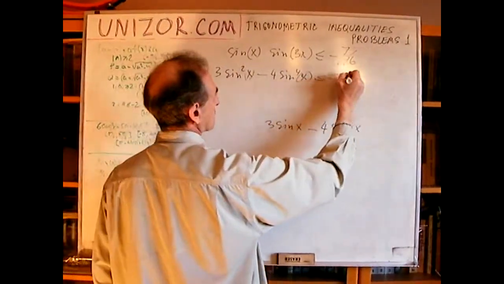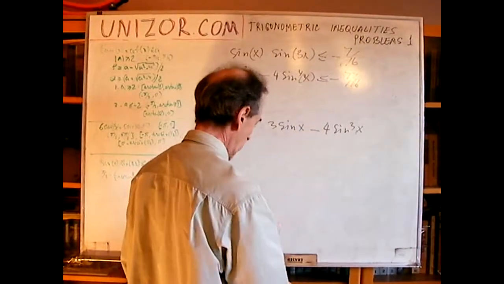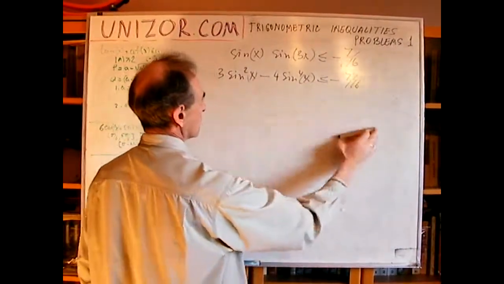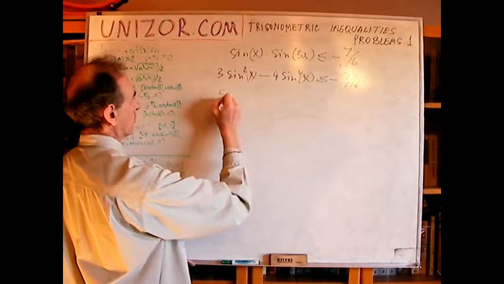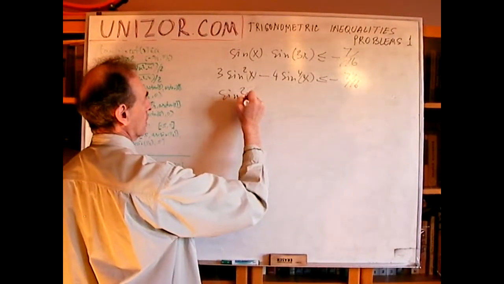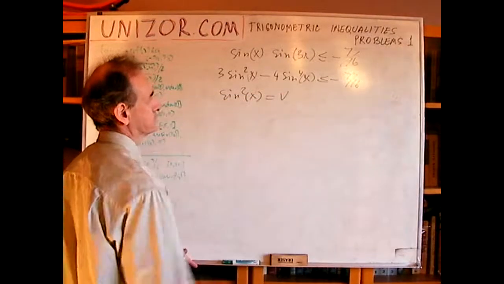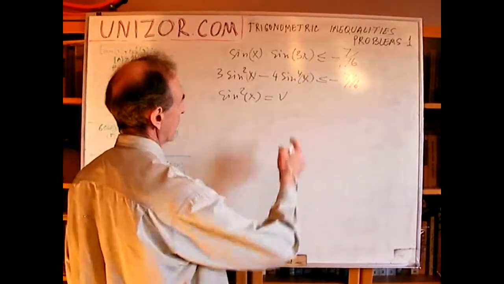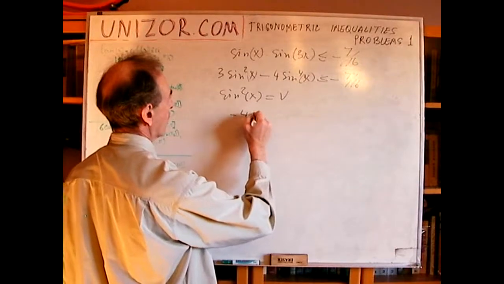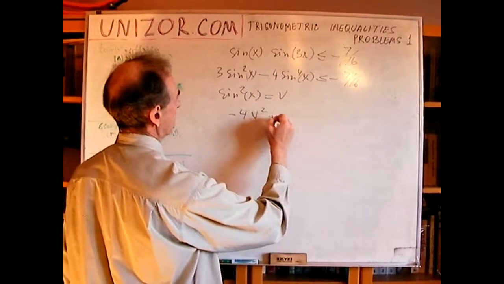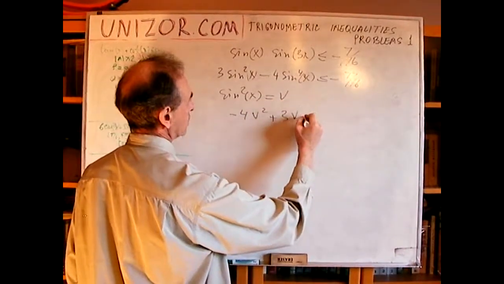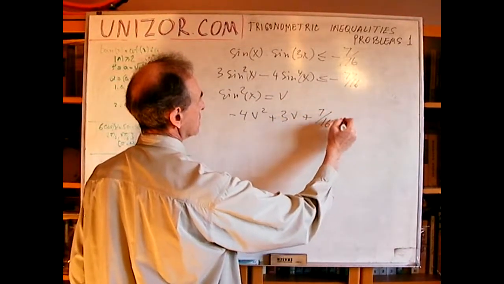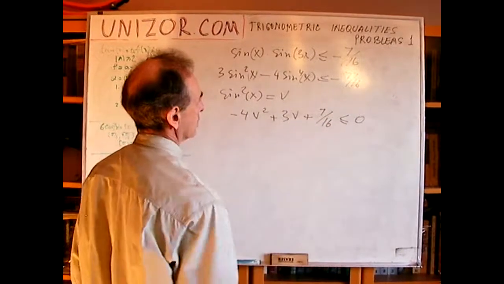less than minus 7/16, a quadratic inequality, right? So what I'm doing here right now is quite obvious. I will put sine square equals v. And what do I have? I have minus 4v squared plus 3v plus 7/16 less than or equal to 0, right?